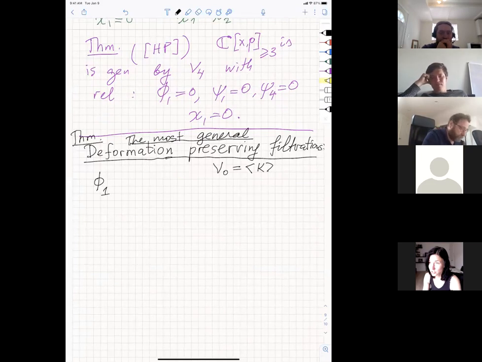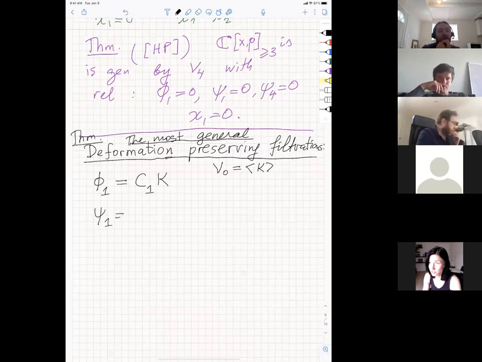And so you can deform the relation phi1 to say, instead of being 0, remember phi1 lives in the trivial representation of SL2, so it can be some constant C1 times K. Now, psi1 can also be deformed, and under appropriate normalization, it turns out that the deformation constant is the same.